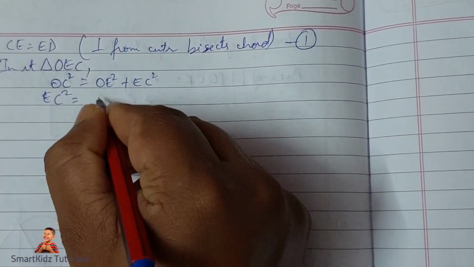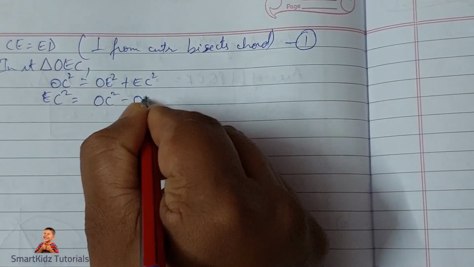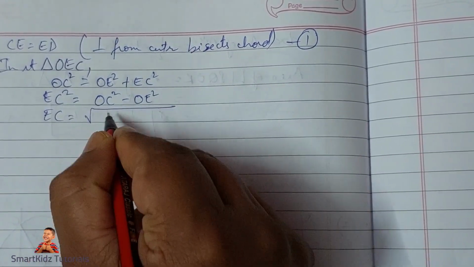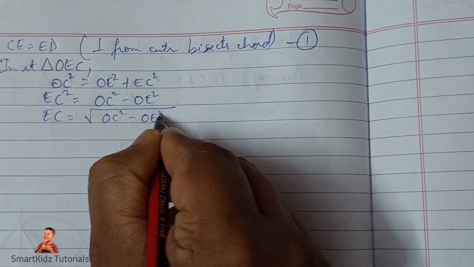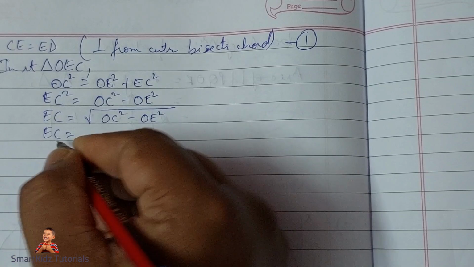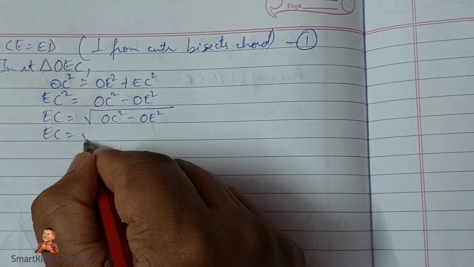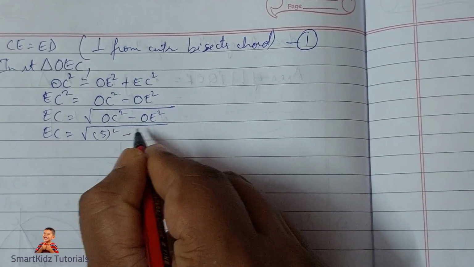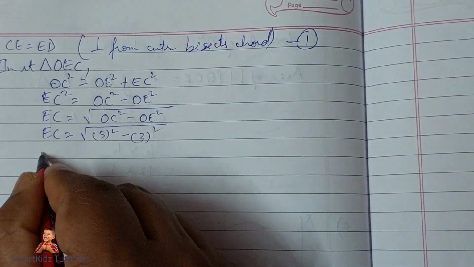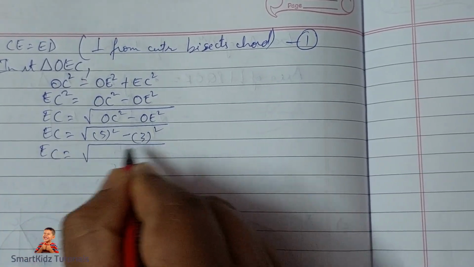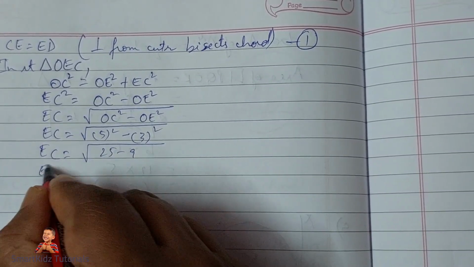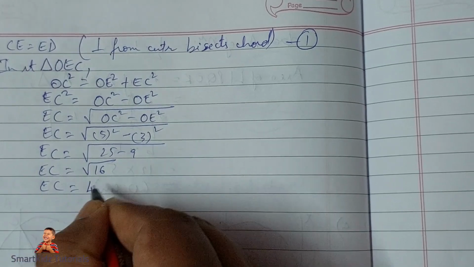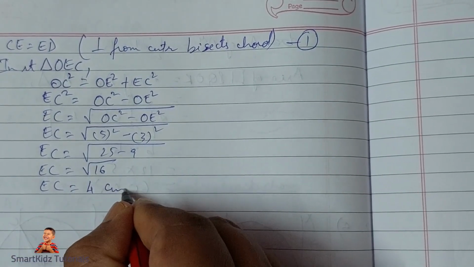EC square is equal to OC square minus OE square, and we can say EC is equal to the square root of OC square minus OE square. OC is 5, so 5 whole square minus OE is 3, so 3 whole square. EC is equal to 25 minus 9. EC is equal to square root of 16, and that is 4 centimeters.